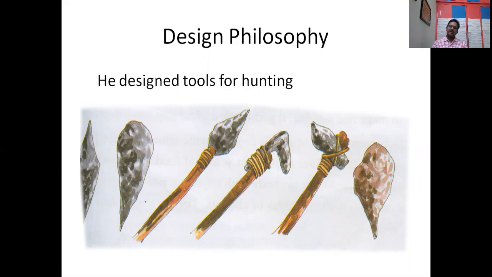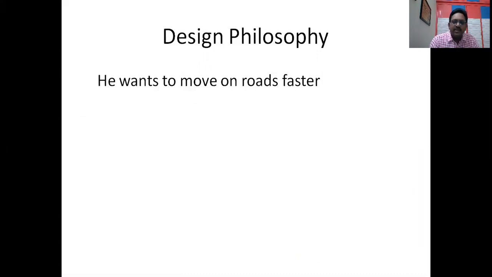Then they started sharpening those stones, and they started tying an axe or a big log or a handle to that stone. So all these things he has designed, and the reason for the design is need.